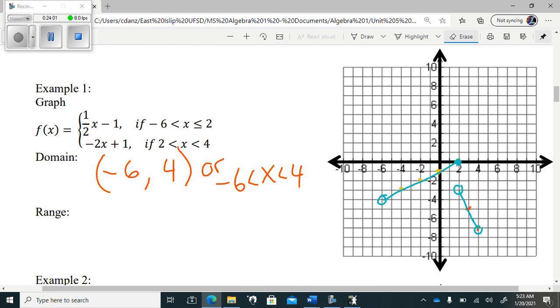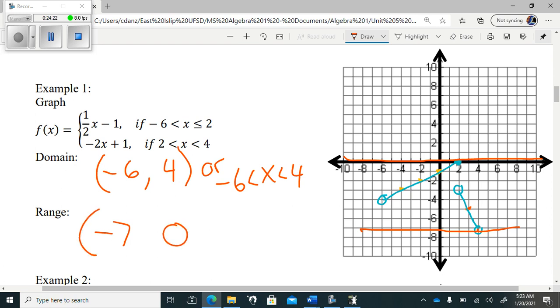If I were to talk about the range, I'm going to draw some lines from the lowest that this function goes to the highest that the function goes to. So the range exists from y's between -7 to 0.